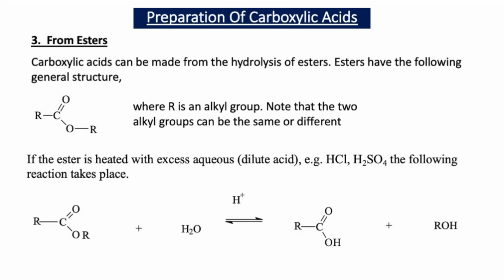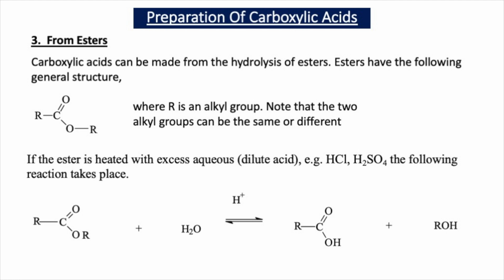Now, hydrolysis of an ester can be once again acid catalyzed hydrolysis or base catalyzed hydrolysis, just as we had with nitriles. Now, if we're going to carry out acid catalyzed hydrolysis, all you need to do is to heat the ester with excess dilute acid, and this acid could be hydrochloric acid or sulfuric acid, and you will get the following reaction.